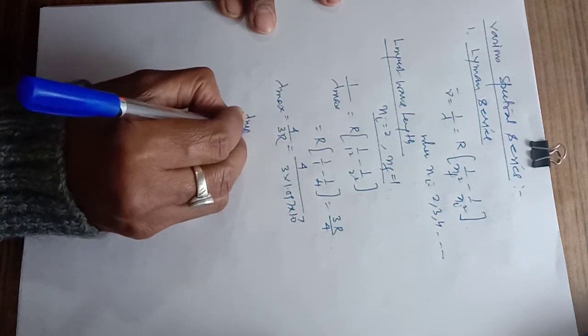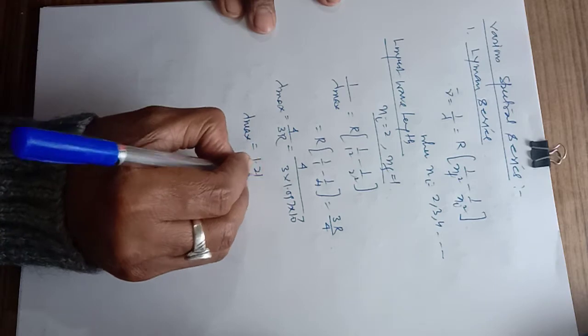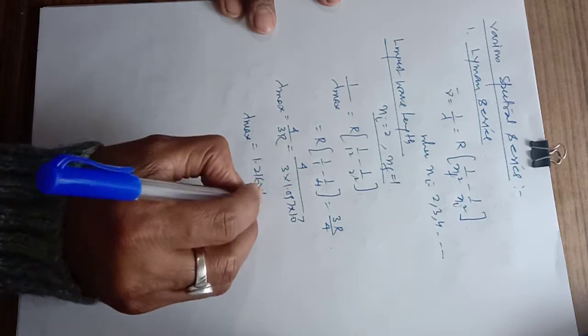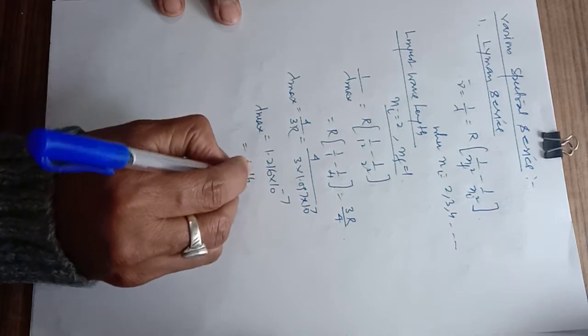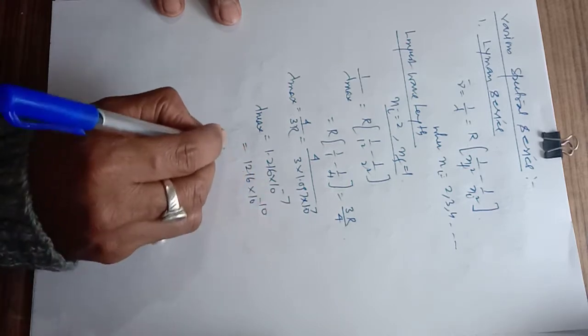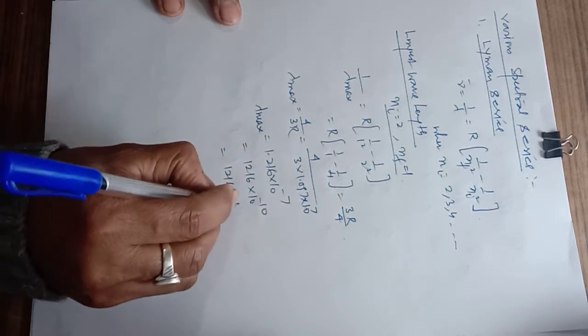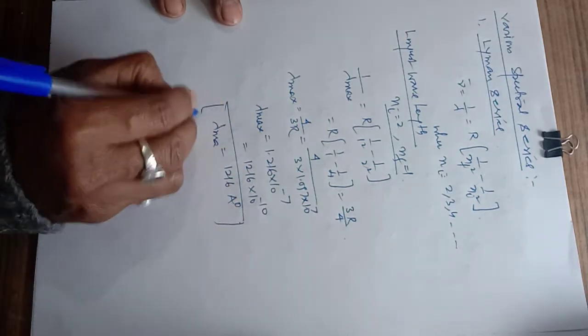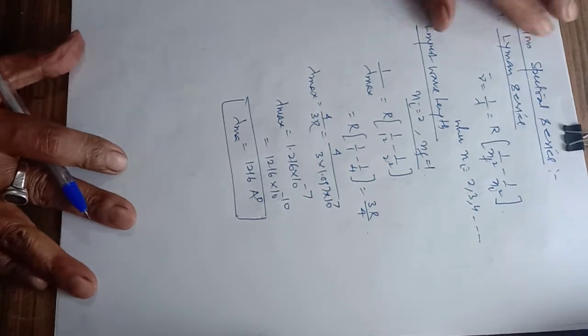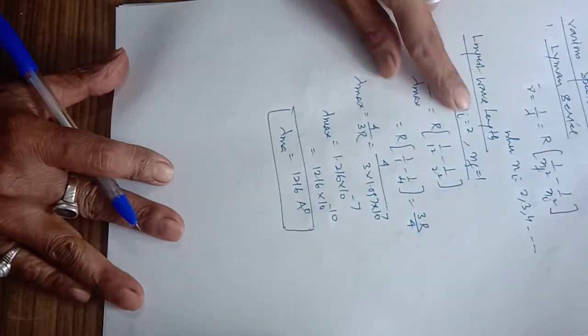So the λ maximum will come around 1216 × 10^-10 m, or 1216 angstrom. So it is the maximum. Now this is the longest wavelength.